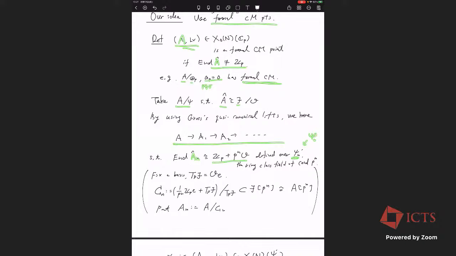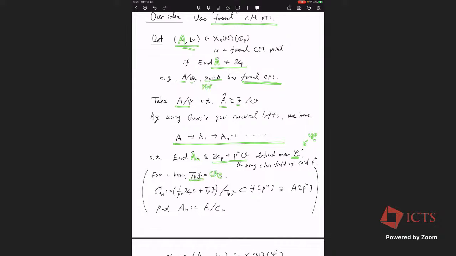So I recall the construction a little bit. F is Rubin-Tate, so the Tate module is a free O-module of rank 1.